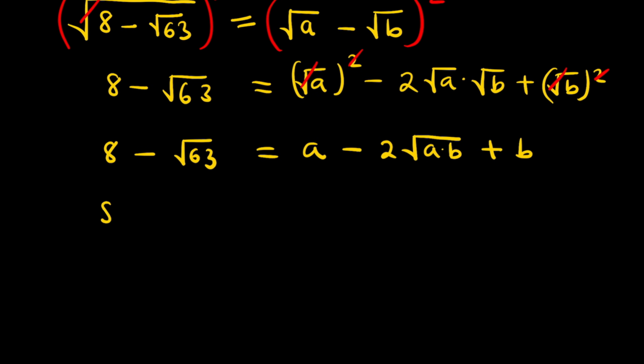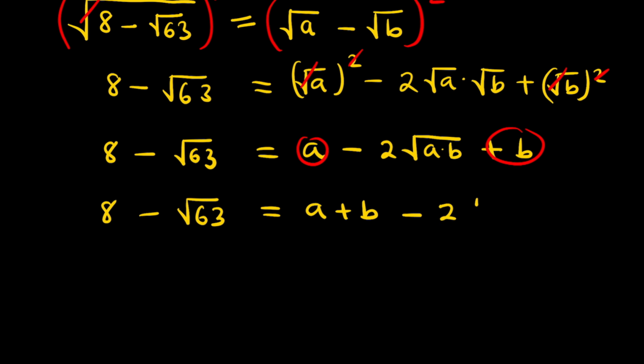I'm going to collect like terms. Let's say this is 8 minus the square root of 63 is equal to this a, then plus this b. I have a plus b, then minus 2 root ab. From here, we can apply equality of surds.